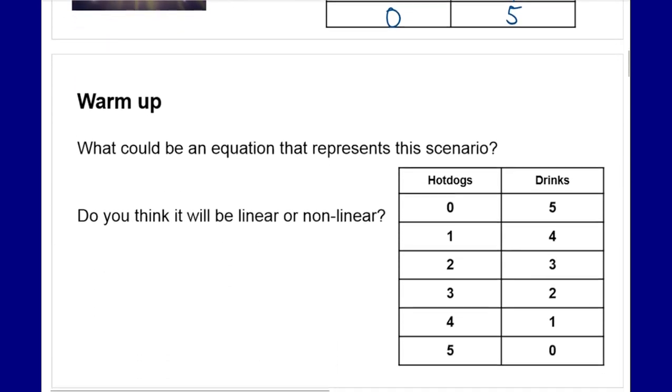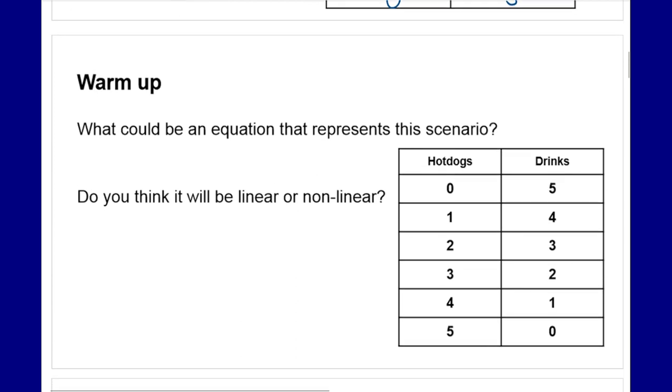Next, using that, what could be an equation that represents this scenario? Well, we have a table of values. We should know how to determine the equation of a line from a table of values. We have our b value because we can clearly see our constant. So y equals something x plus 5.